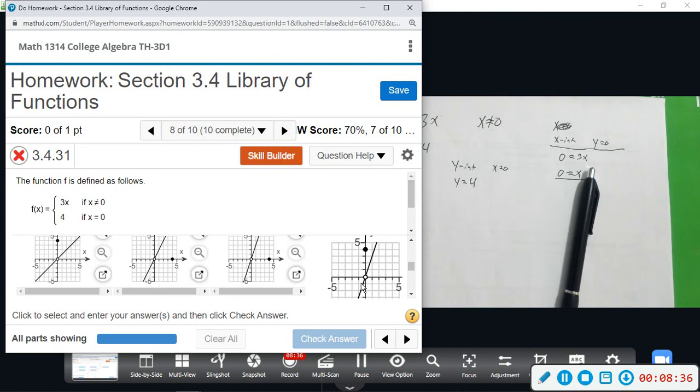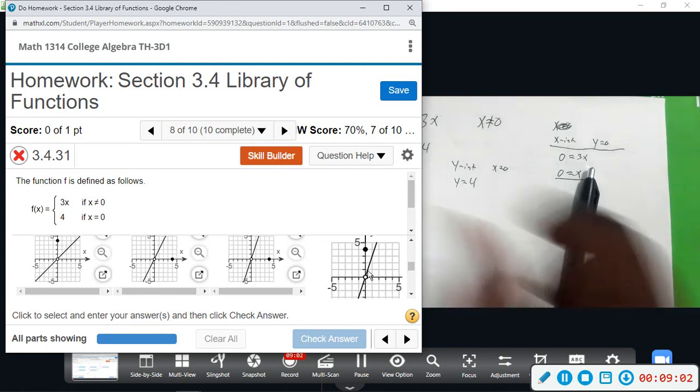When y is 0, we have a hole, so we don't get y equals 0, and then it continues going up. And even though there's a dot off to the side, this is when y is 4, we still have a point on the line where y is 4, so we don't have to list it twice, it doesn't matter. But the only point we don't get going up and down on the y-axis is 0. There's nothing along this line.